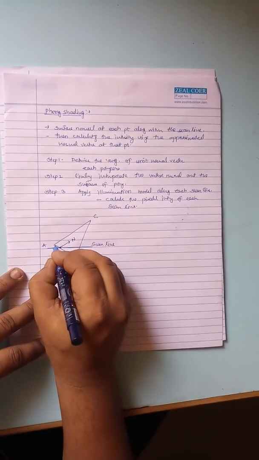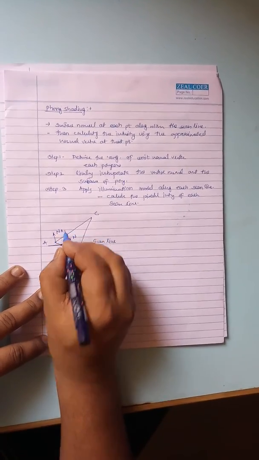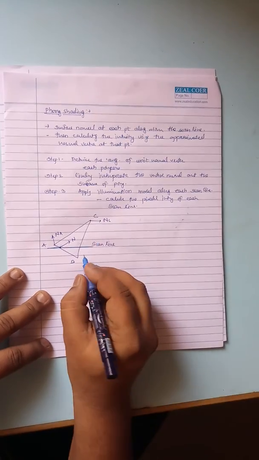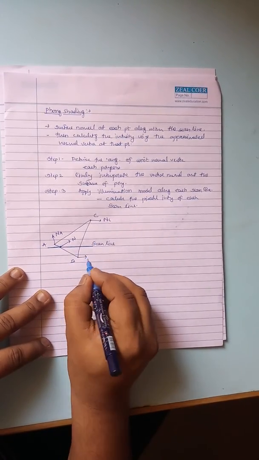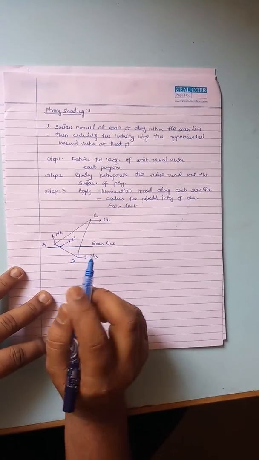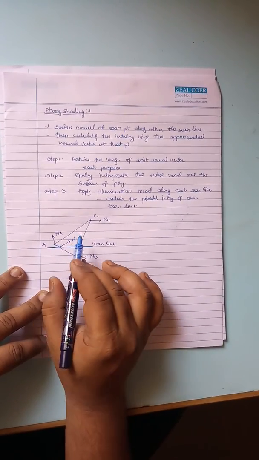This is NA, the normal at point A. This is NC, the normal at point C. This is NB. These are the normals with respect to the vertices.